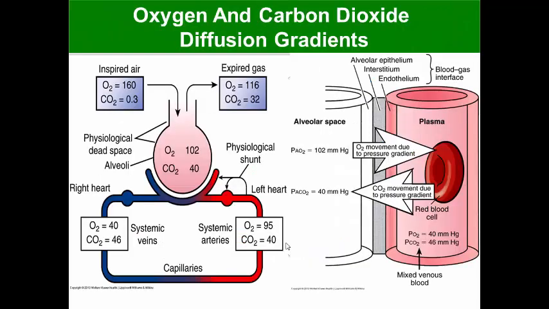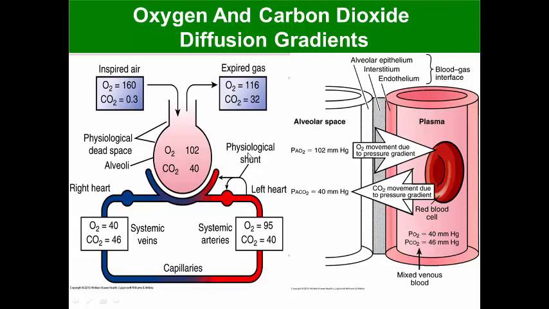So this figure summarizes what we have just mentioned. Oxygen moves due to pressure gradient from the alveolar air to the blood in the pulmonary capillaries, and carbon dioxide moves in the opposite direction because of the pressure gradient. And remember, here we have two shunts.